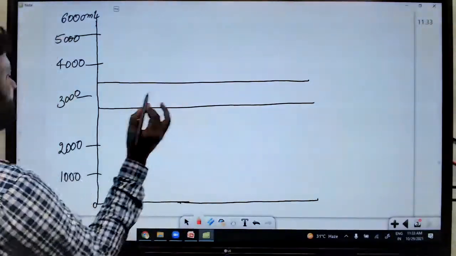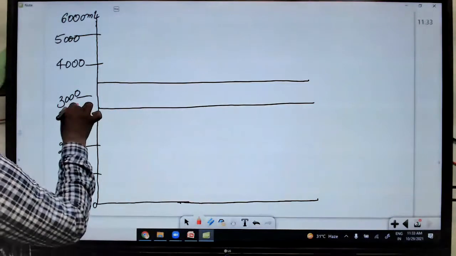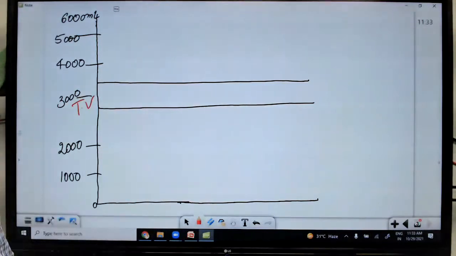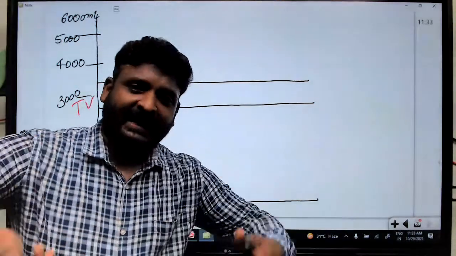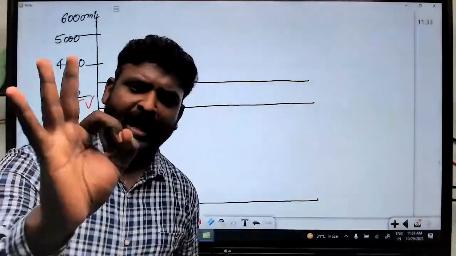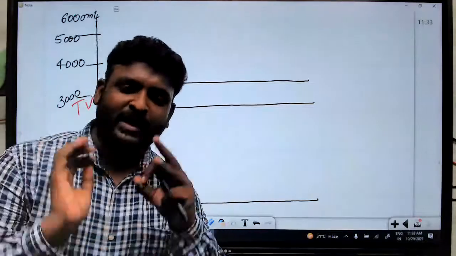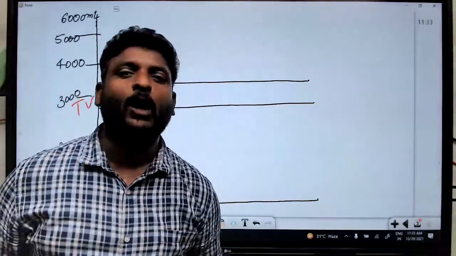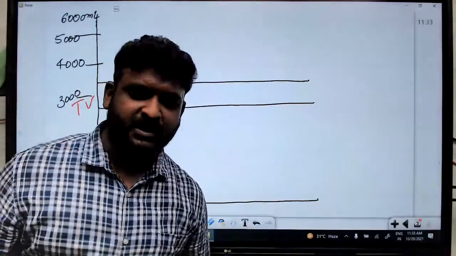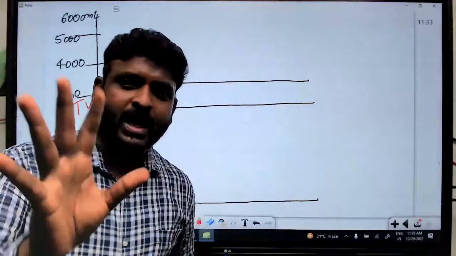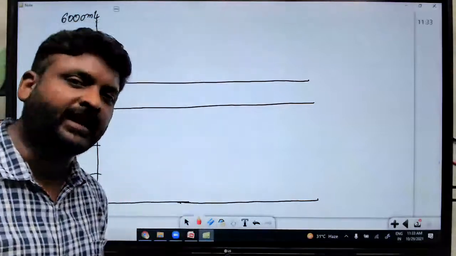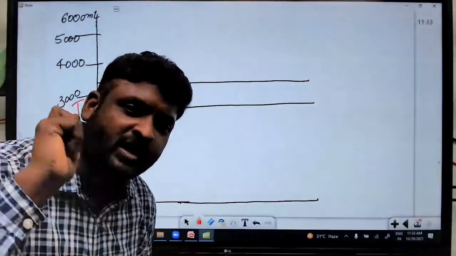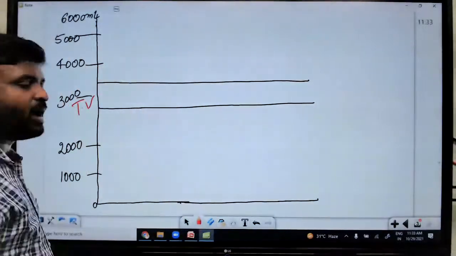Listen, first one, tidal volume. I would like to discuss it today. Tidal volume means what? The volume of air a person can inspire or expire by normal breathing, means normal respiration, like what we are doing now, without conscious effort. We are doing inhalation and exhalation, that is what normal is. So normal breathing or normal respiration is called tidal volume.